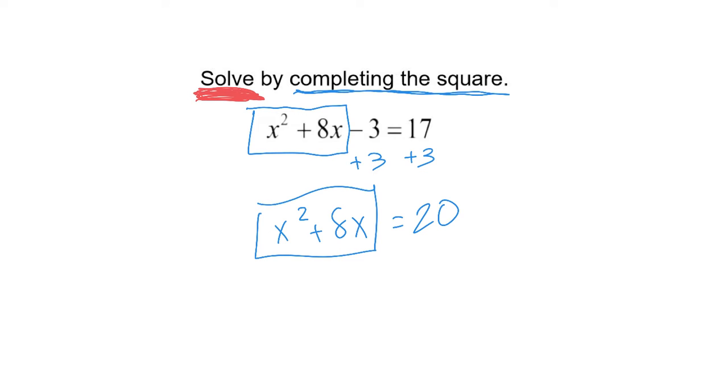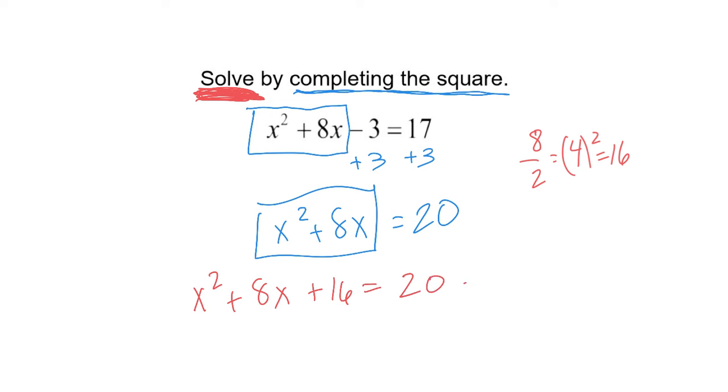Now I have this by itself, so I'm going to complete the square. Half of 8 is 4. 4 squared is 16. So I'm going to add 16 to my left-hand side. However, as always, what you do to one side, you have to do to the other. So I have to add 16 to both sides for this to work.